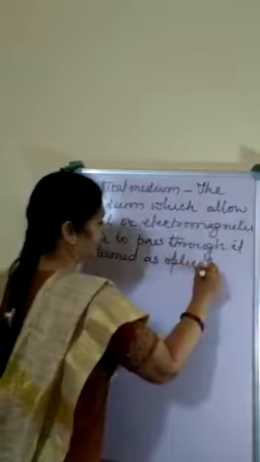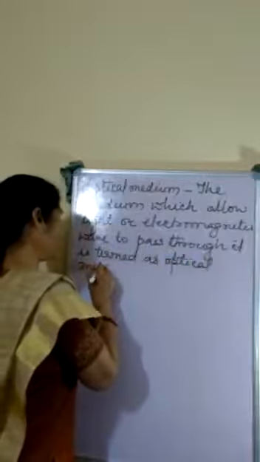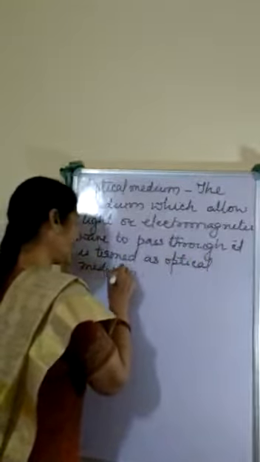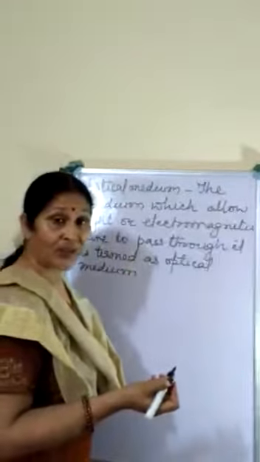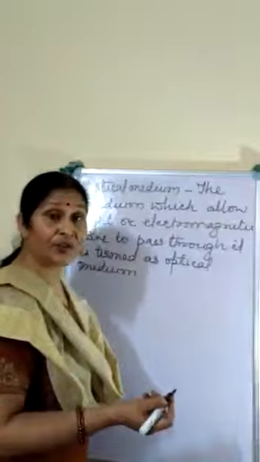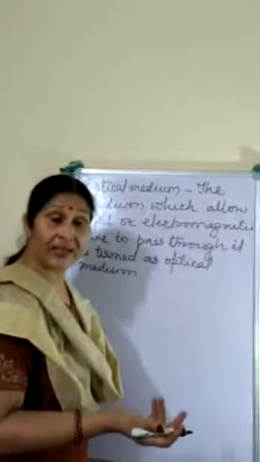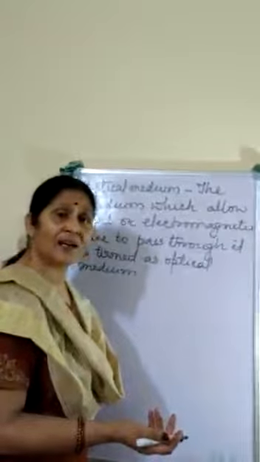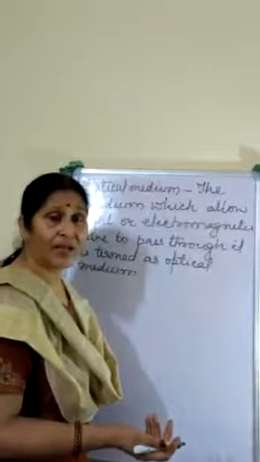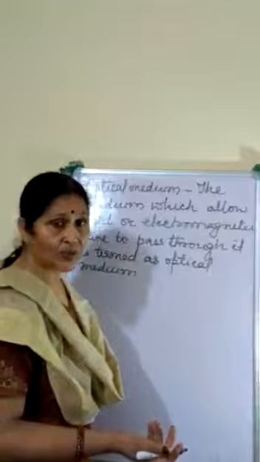Here we have taken air as an optical medium, water as an optical medium, kerosene oil, mustard oil, all these are optical mediums and they allow light to pass through them.